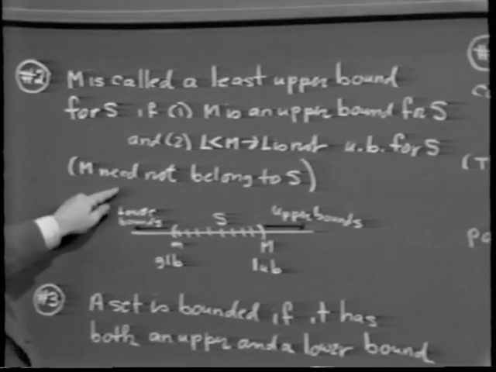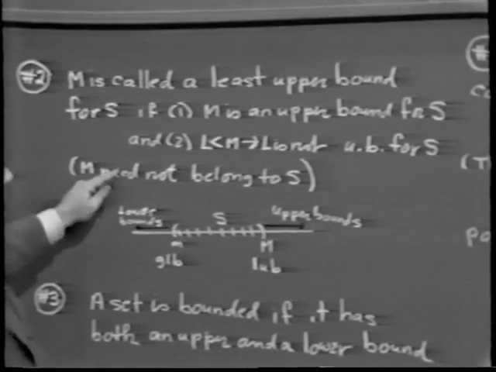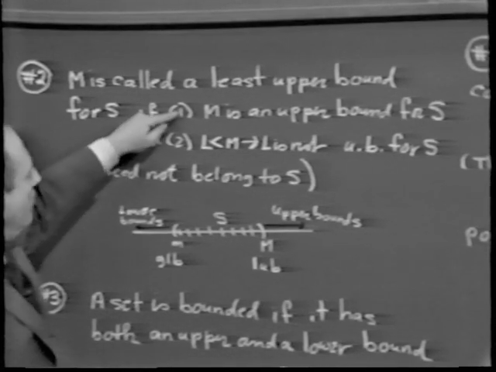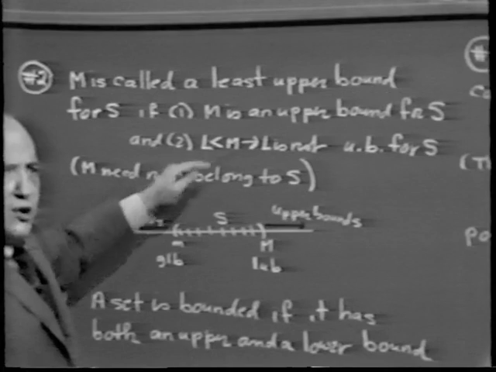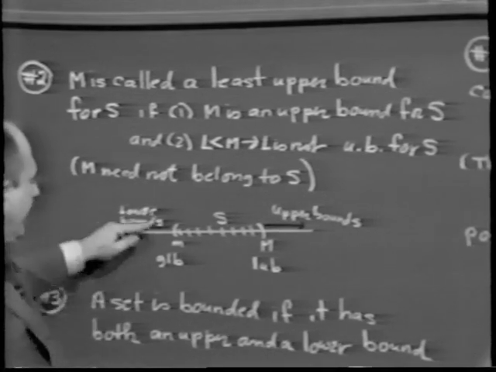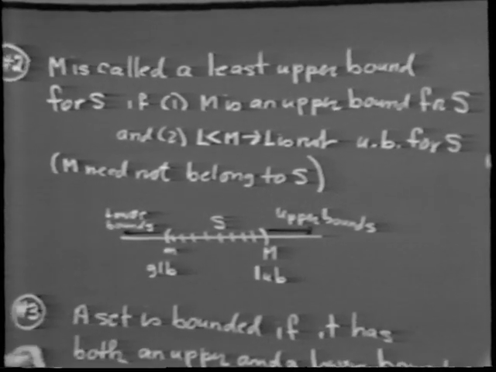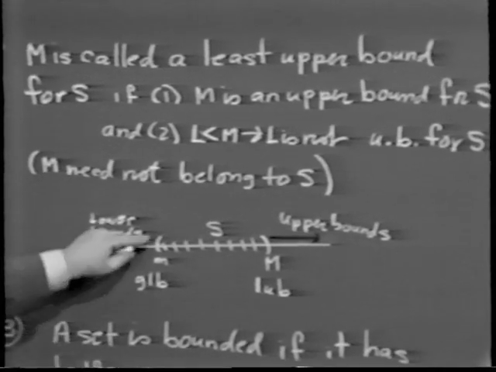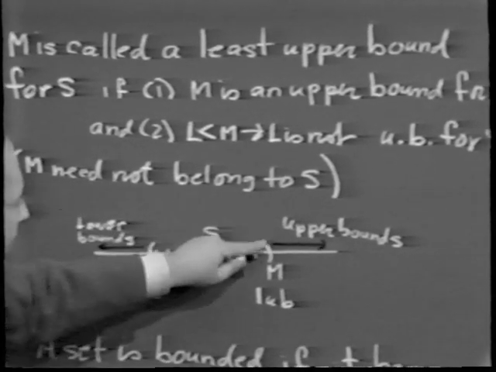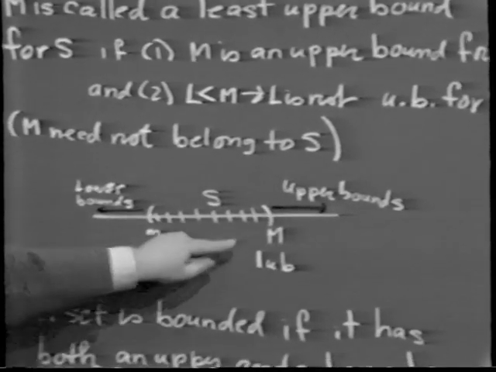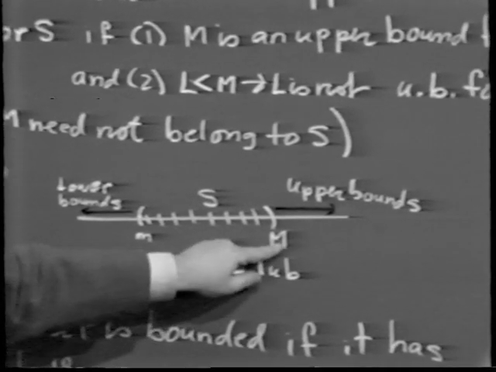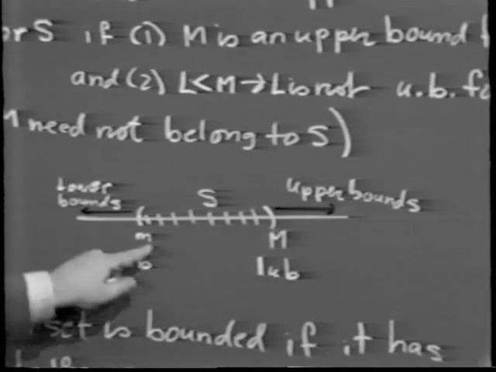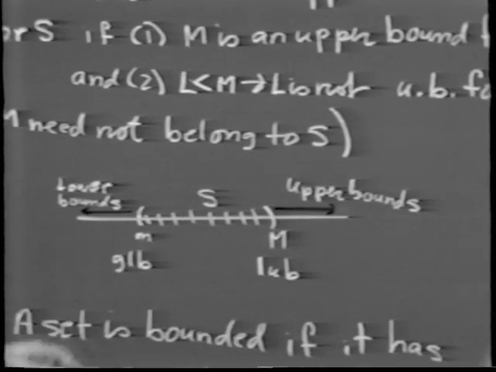The companion to this would be what? A greatest lower bound would be a number which is a lower bound such that anything greater could not be a lower bound. Again, all of this is easier to see in terms of a picture. Visualize S as being this interval with little m and capital M being the endpoints of the interval. Observe that capital M is the least upper bound, little m is the greatest lower bound.